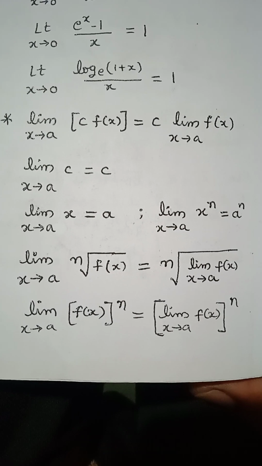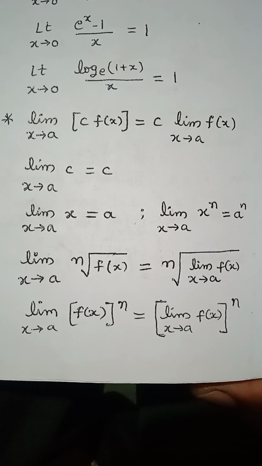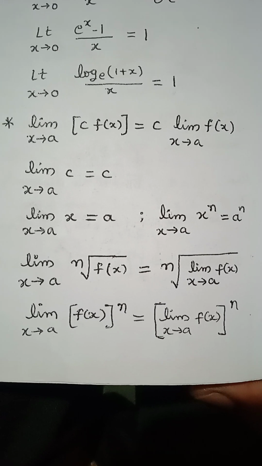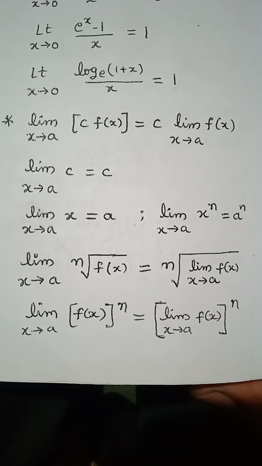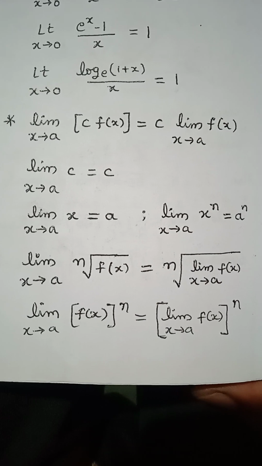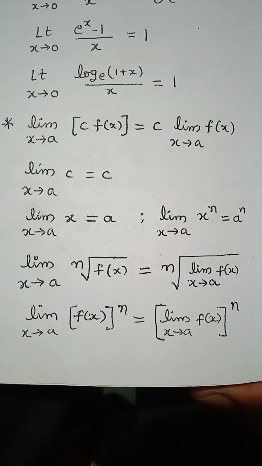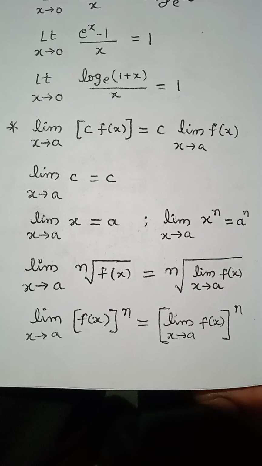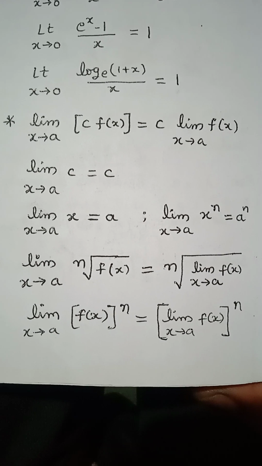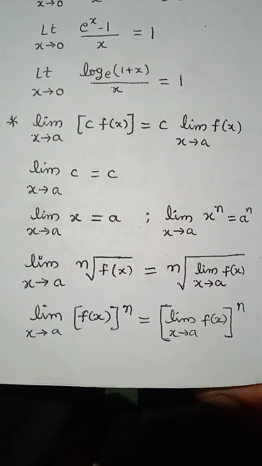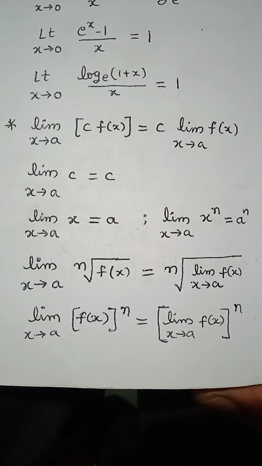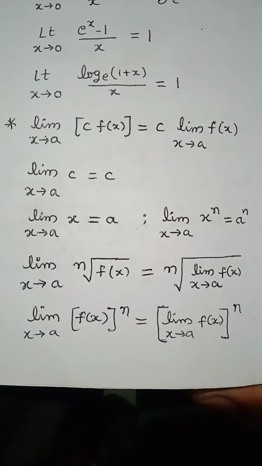Limit x tends to a x power n equals a power n. Limit x tends to a nth root of f of x equals nth root of limit x tends to a f of x. Limit x tends to a (f of x) to the power n equals (limit x tends to a f of x) whole power n.